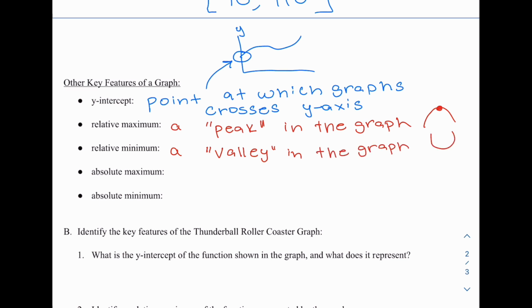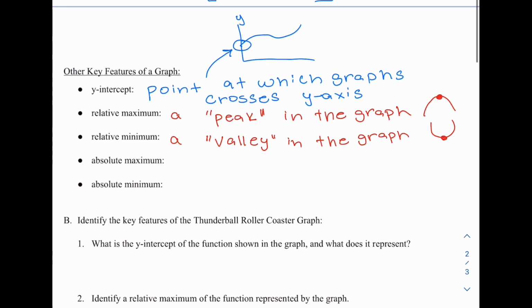So whenever you see your graph make a dip, that lowest value is a relative minimum. Now the absolute maximum and minimum are just the greatest and lowest y values.